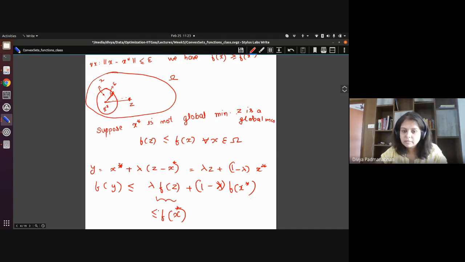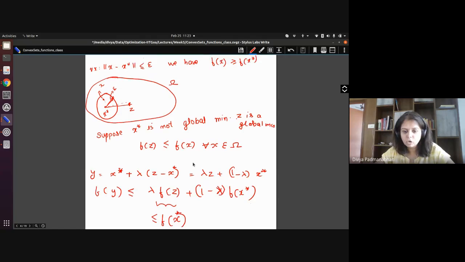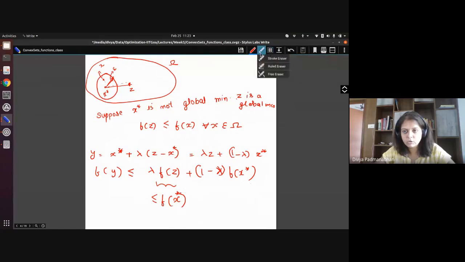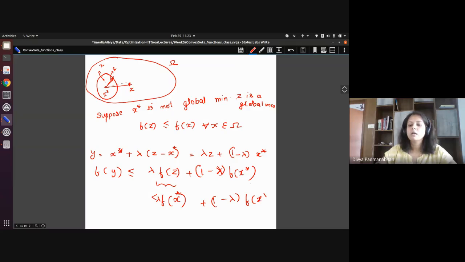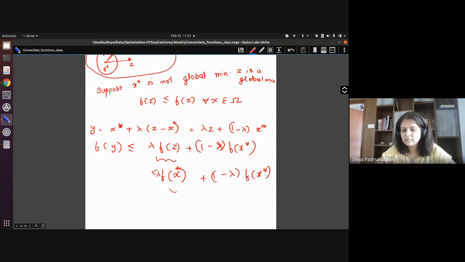And since you assumed x star is not a global min, it must be strictly less than, because otherwise x star would also have been a global min. So lambda times f of z is less than lambda times f of x star, plus 1 minus lambda times f of x star, which is just f of x star.